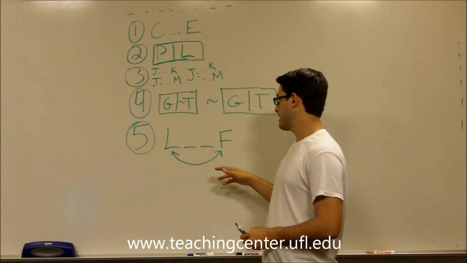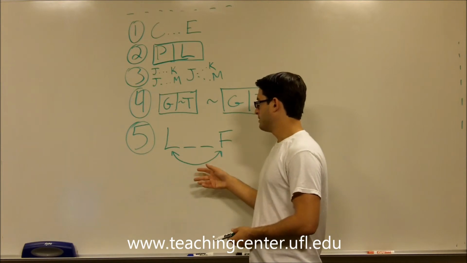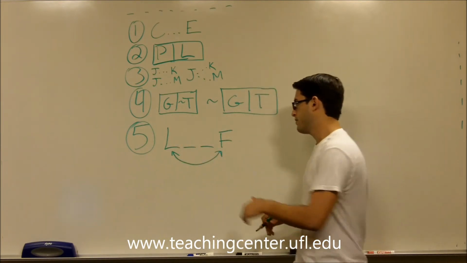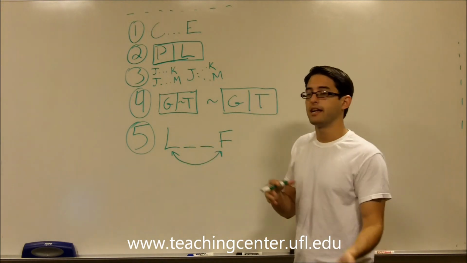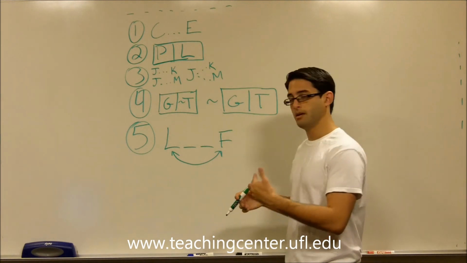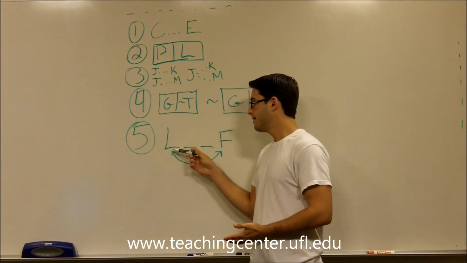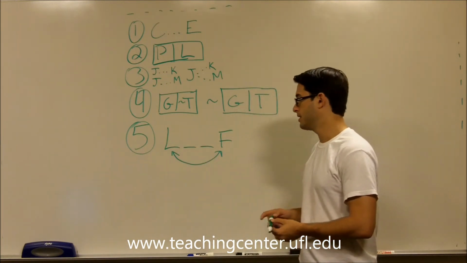So you have to make sure that you give yourself a reminder that it doesn't have to be this way, because if you were to write this out without this arrow and you look back at the clue, after doing several questions, you're just going to assume that Larry's in front of Frank, and that can throw your whole game off depending on the questions.